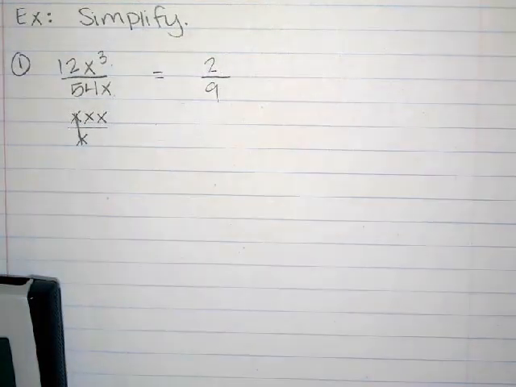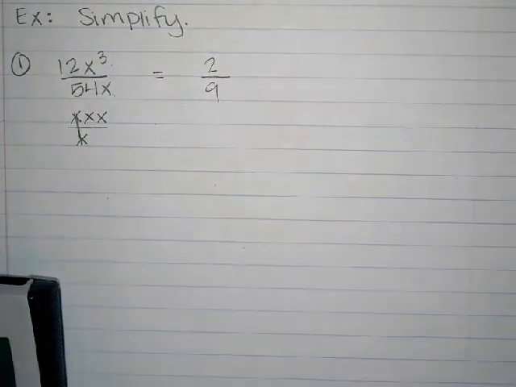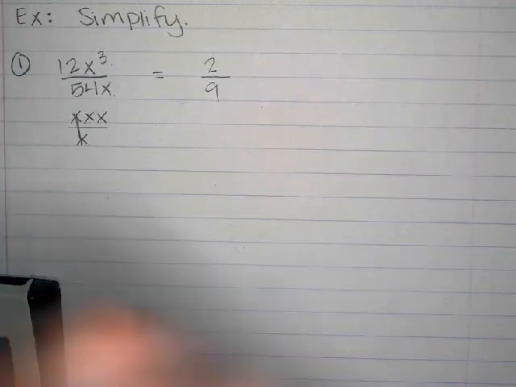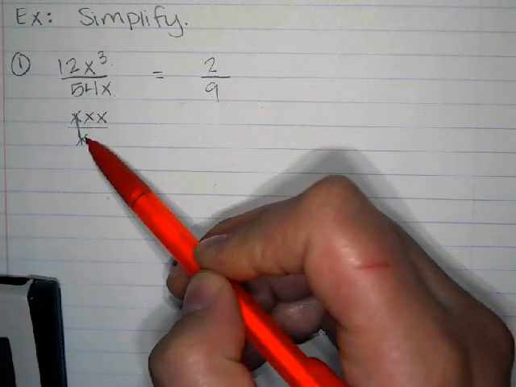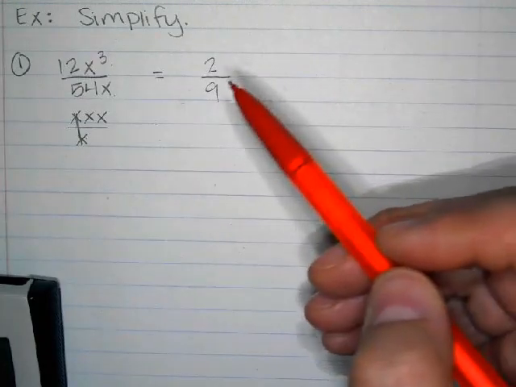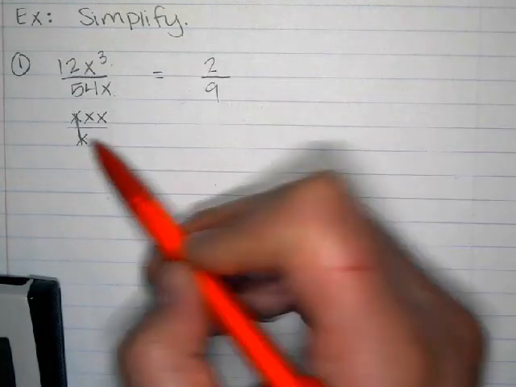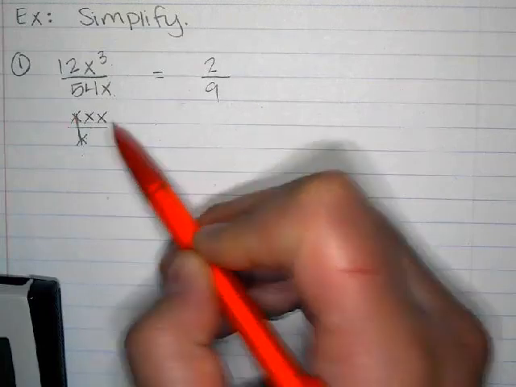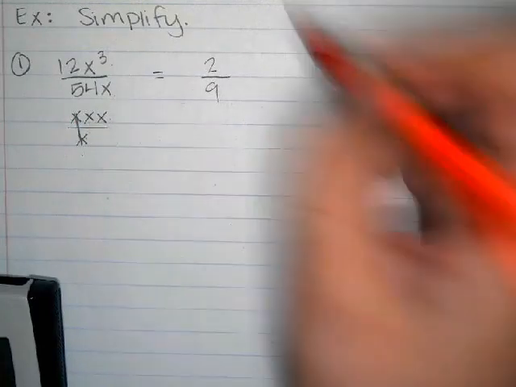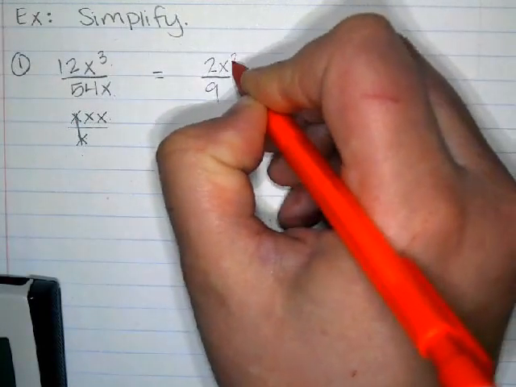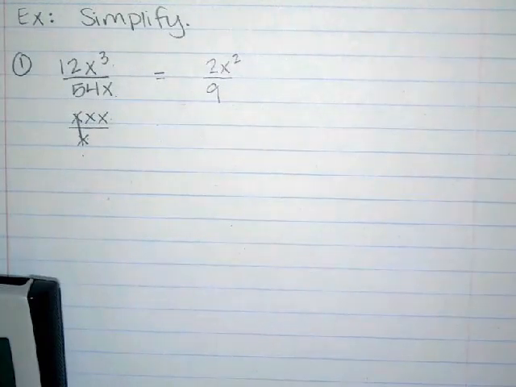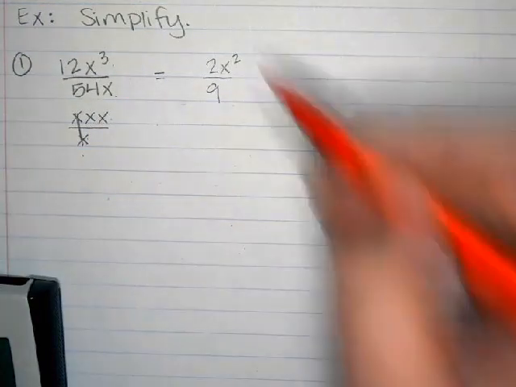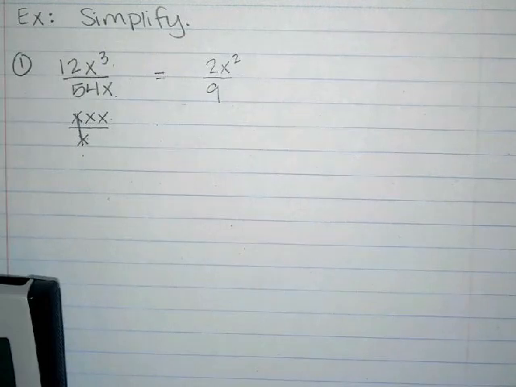What you want to do is cancel until either all of them are gone on the bottom or all of them are gone on the top. Here all of them are gone on the bottom, and then we count up how many are left over on the opposite side. So the bottom is gone. The top has 2 left over, which is x squared. So I'm going to write x squared on the top, and that is my final simplified answer. 2x squared over 9. And that's it.